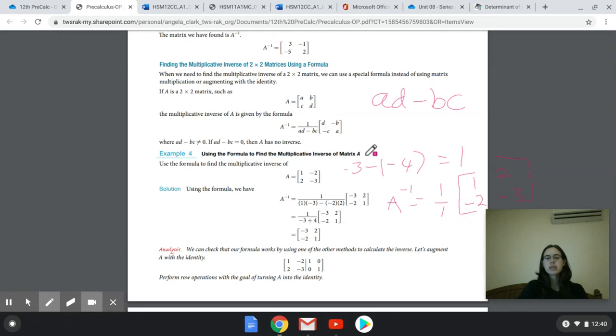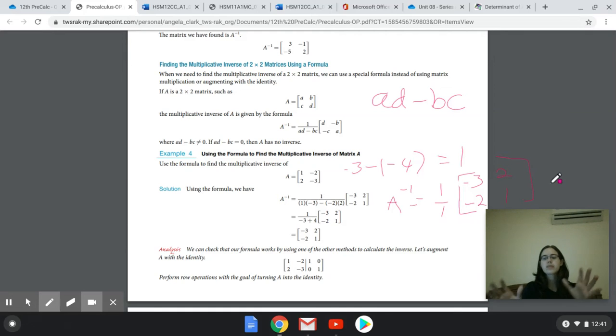So this diagonal, sorry, backtrack a little bit. This diagonal changes its sign. This diagonal switches places. I forgot that. I apologize. That diagonal switches places. So we have -3 and 1 like this. So again, this diagonal changes sign, this diagonal switches places.